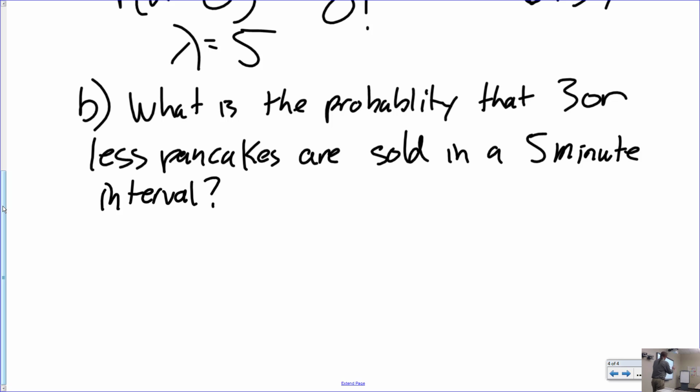But you don't have to do the C thing. That's only for binomial. First of all, folks, what's lambda? 2.5, because 1 every 2 minutes is 2.5 every 5 minutes.